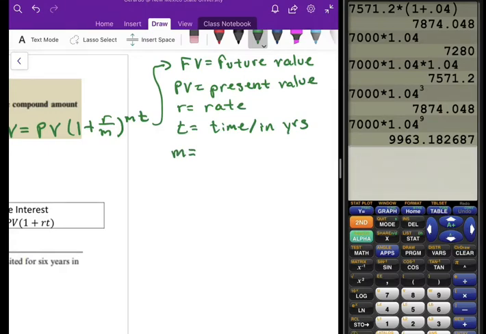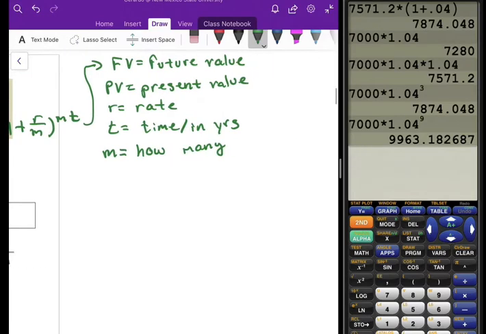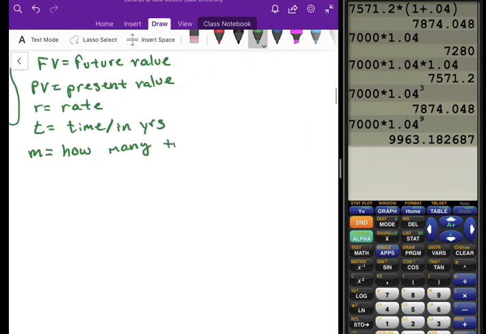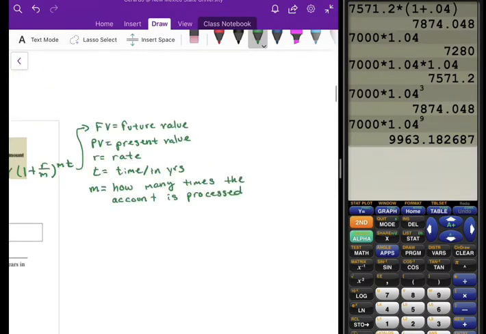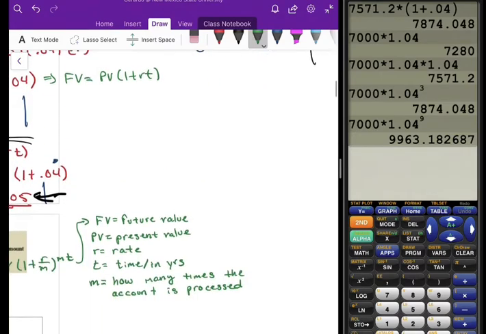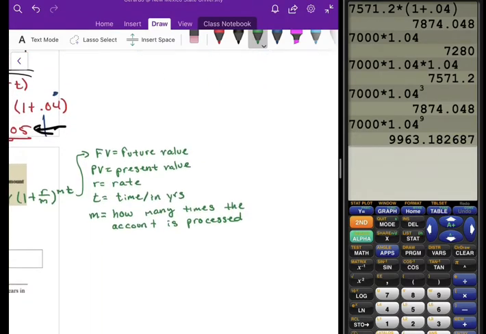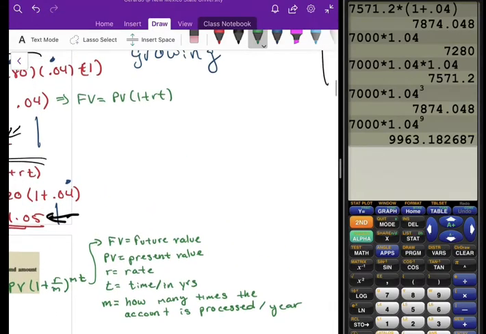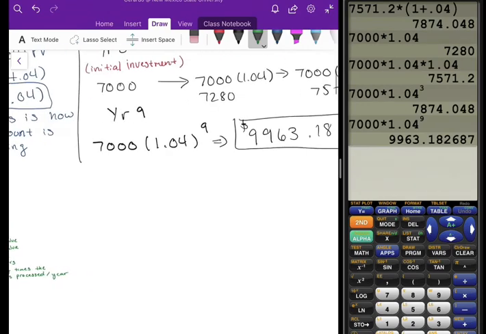where m is how many times per year the account is processed. So we go back to our example before.